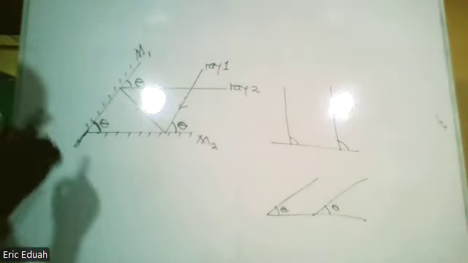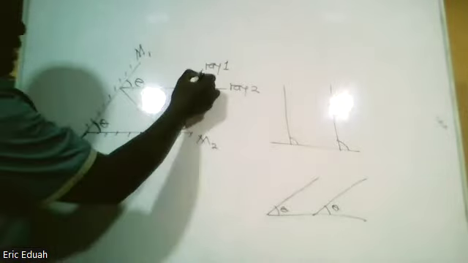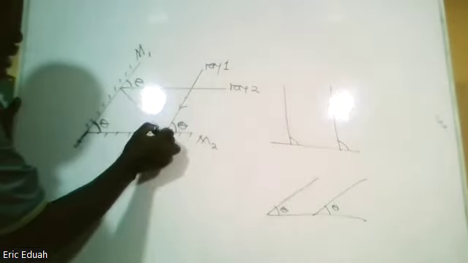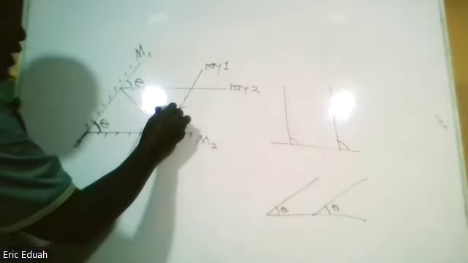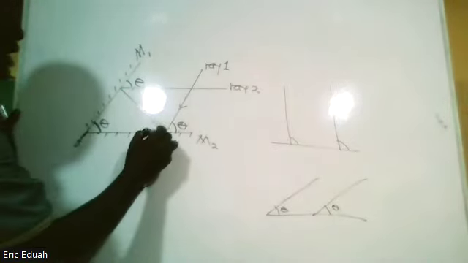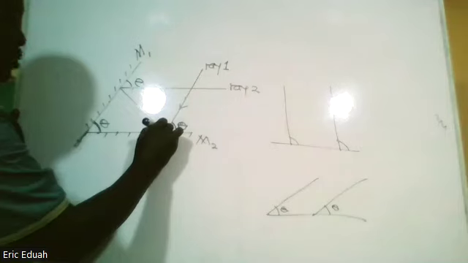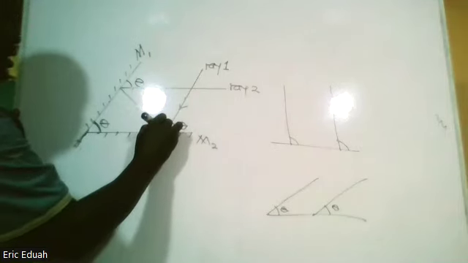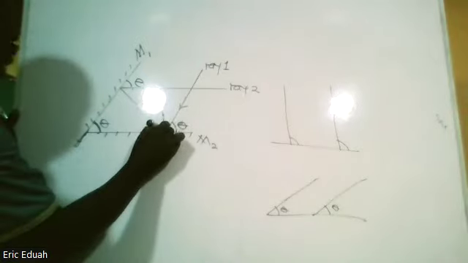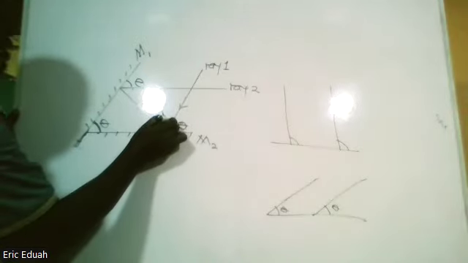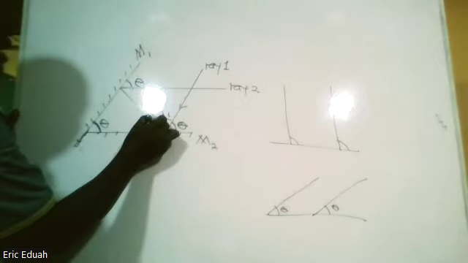Okay. Now, this is an incident ray. This is the reflected ray from mirror 1. Whenever there is an incident and reflected ray, there must be a normal. So if we draw a normal at this point, this becomes the angle of incidence, i, which is equal to the angle of reflection.